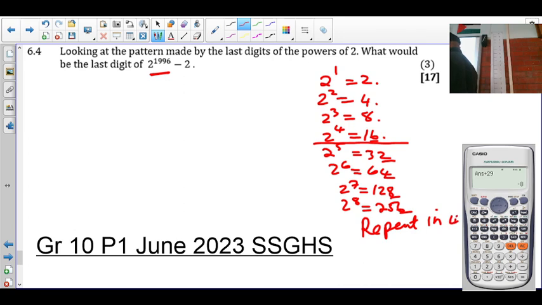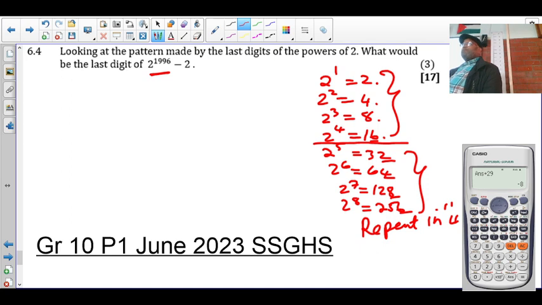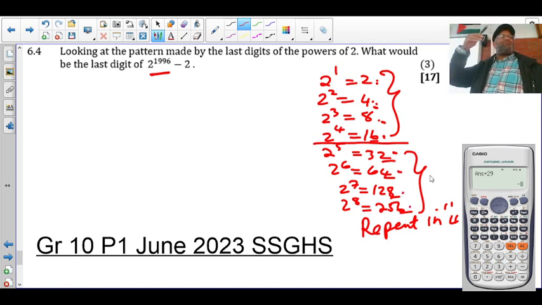So every 4 it is repeated. Can you see that, people? So the units digit here is 2, 4, 8, 6, and the next is going to be 2, 4, 8, 6, and so on. So it repeats in 4s.